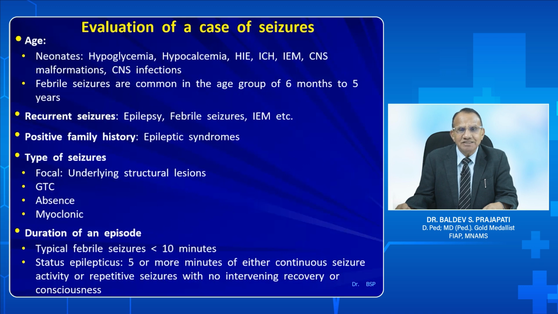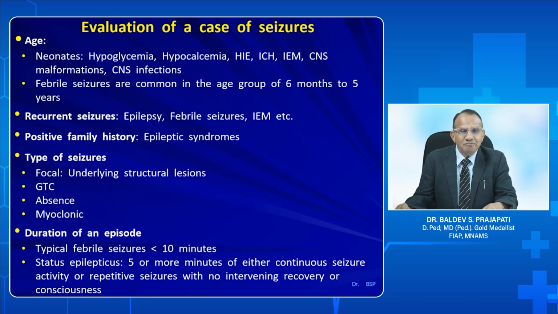While febrile seizures are common in the age group of 6 months to 5 years, recurrent seizures suggest likely epilepsy, febrile seizures or inborn error of metabolism. Positive family history indicates some epileptic syndrome.